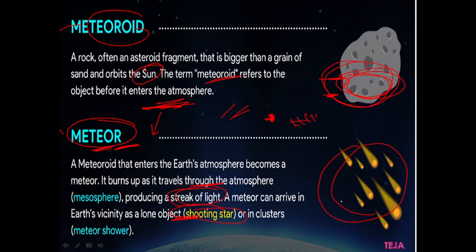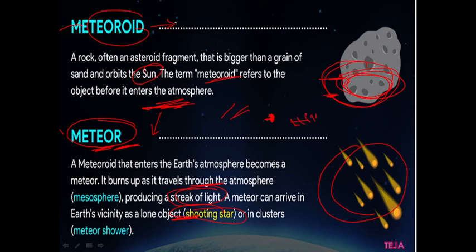I am telling you again here, meteoroids are from the asteroid belt itself. Okay, when due to Earth's gravitation they come to the nearest atmosphere, they enter into the Earth's atmosphere. After entering the atmosphere, meteoroids are called meteors. Meteors are called shooting stars. You can see the shooting stars in the night sky, right? Sometimes we look at the night sky and see that some stars are falling.